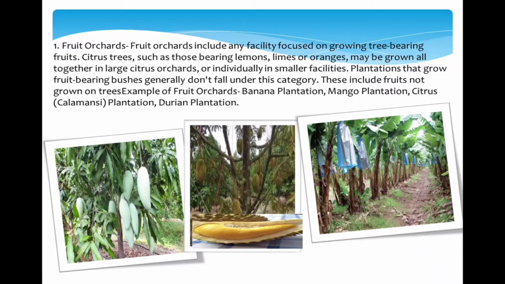Plantations that grow fruit-bearing bushes generally don't fall under this category. This includes fruits and nuts grown on trees. Examples of fruit orchards are banana plantation, mango plantation, citrus calamansi plantation, and durian plantation.